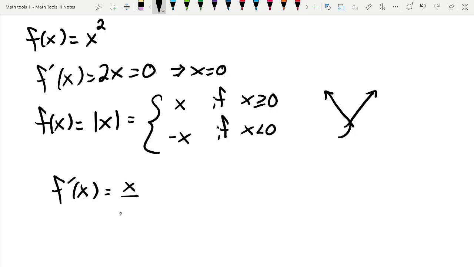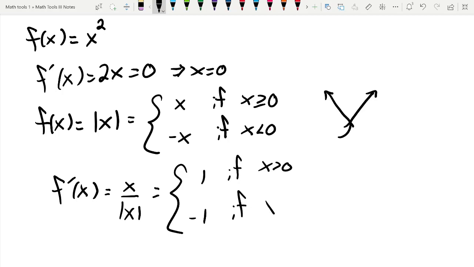So this is how we would define the derivative. It's either 1 if x is greater than 0, and -1 if x is less than 0. So you can see right here that at x equals 0, we don't have any point to find. That's because the derivative does not exist there. But that still makes it a critical point. And we do have a local max there, or an absolute max there. I mean, min there, local min or absolute min, right?